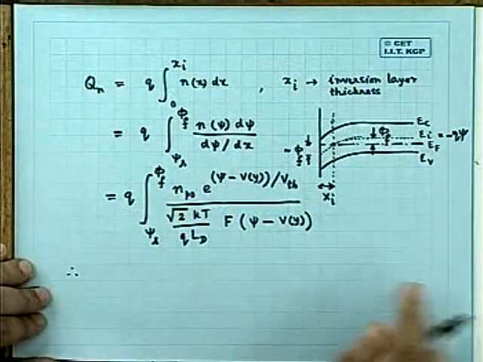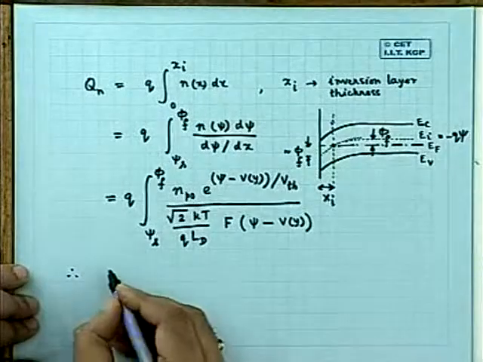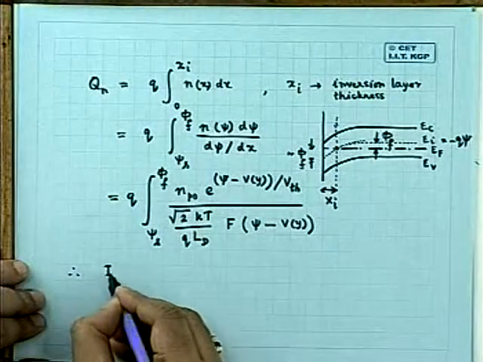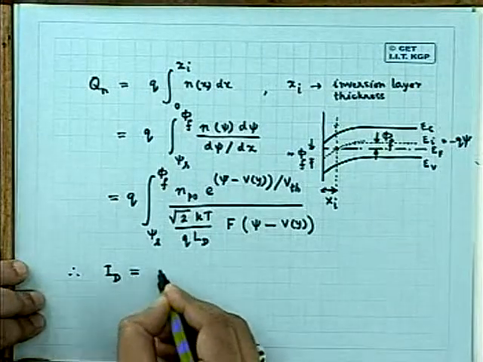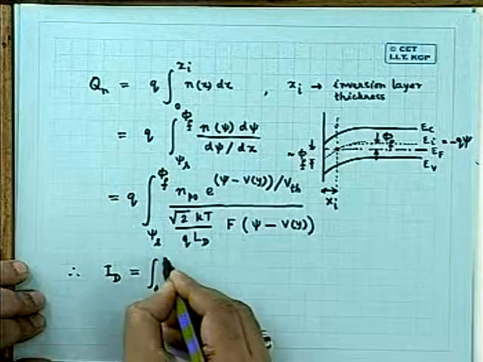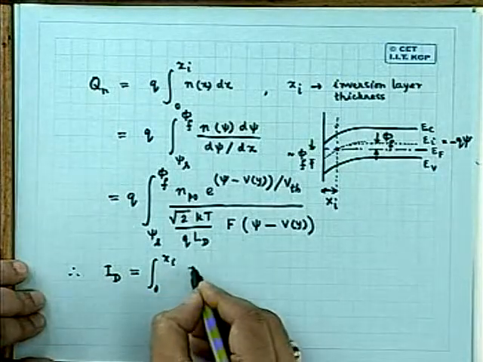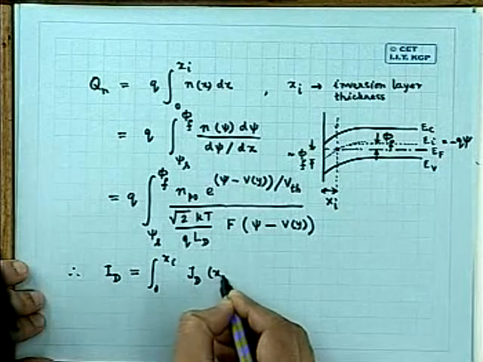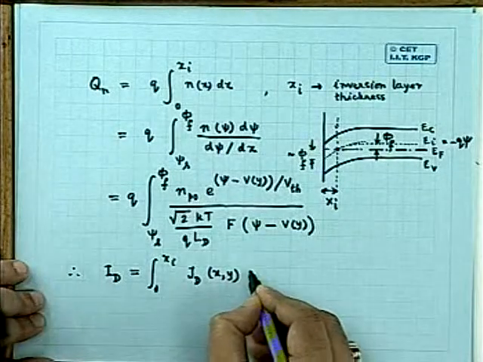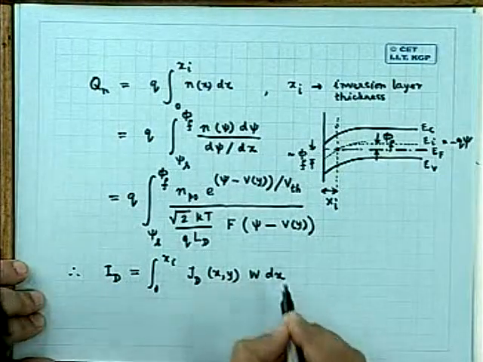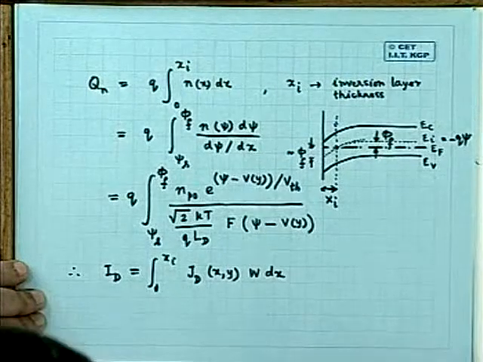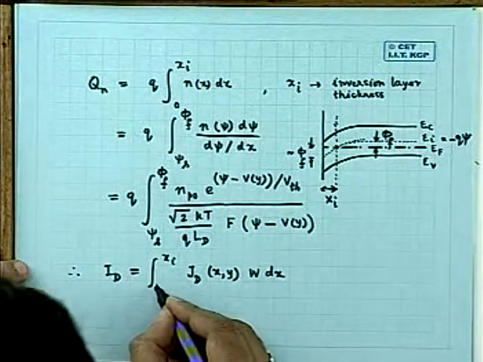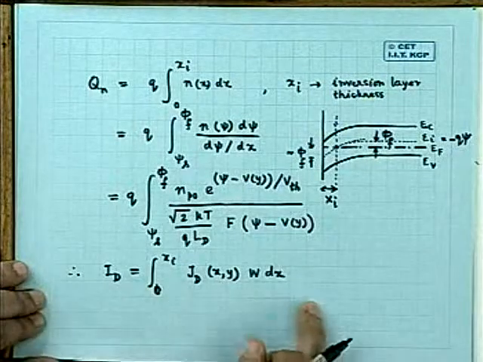And therefore, you can write for ID. Is it clear?